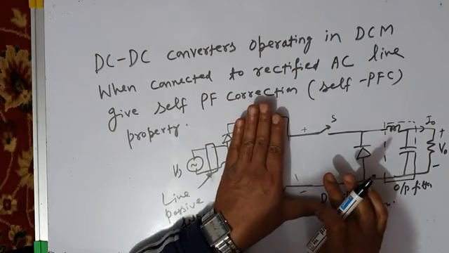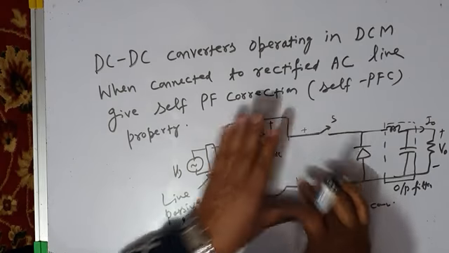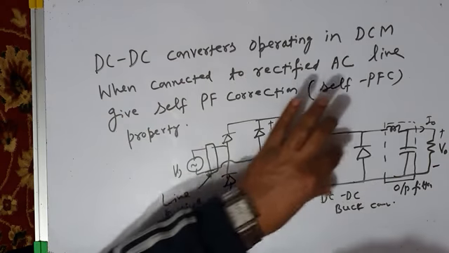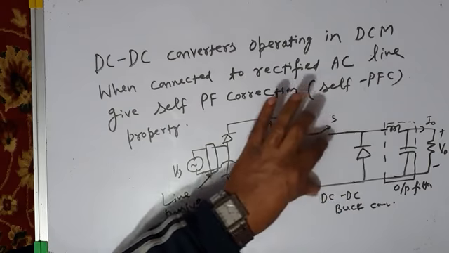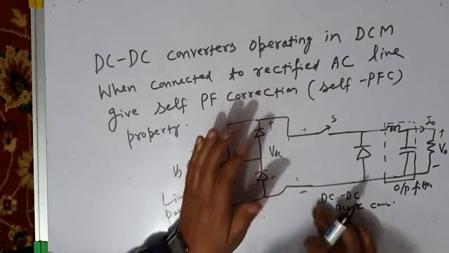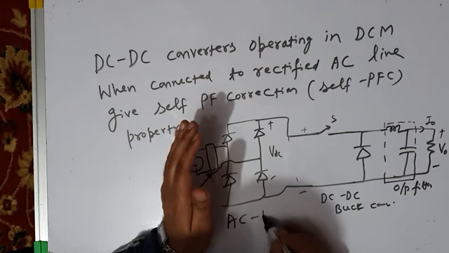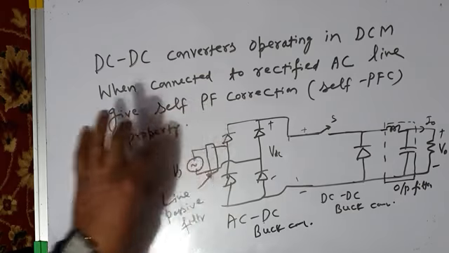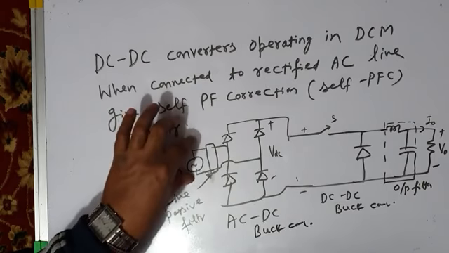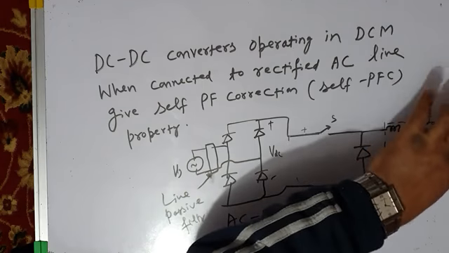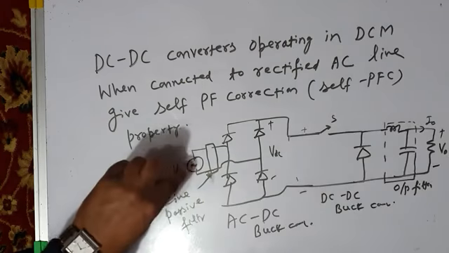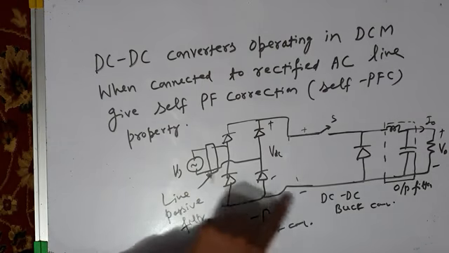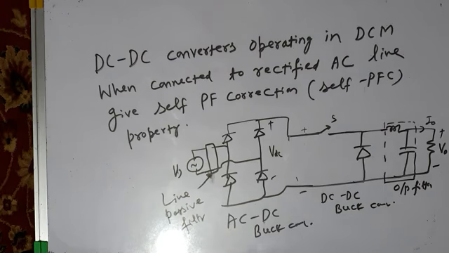But if you are not supplying it from a DC source, but from an AC source through a rectifier, that means when you are connecting your DC to DC buck converter to a rectified AC line, then it becomes an AC to DC buck converter. Because your input is now not DC, your input is AC, and output is controlled DC. And in this case, output voltage is always less than peak input voltage. So in that case, it becomes an AC to DC buck converter.